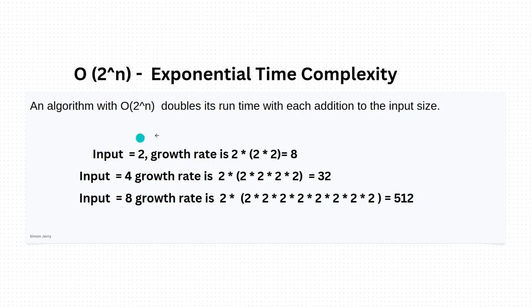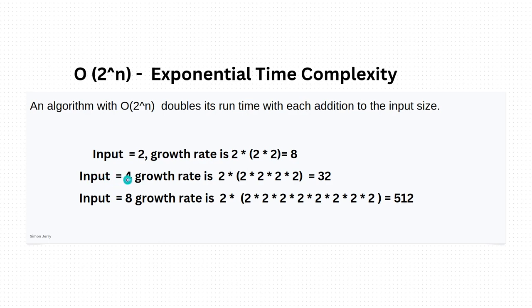We can look at this growth rate. This is actually designed by me for explanation purposes. If you pass in an input of 2, the growth rate is going to be 2 multiplied by the multiple of 2 of the input, and in total it's going to give us 8. So the growth rate is going to be 8 at worst case scenario.